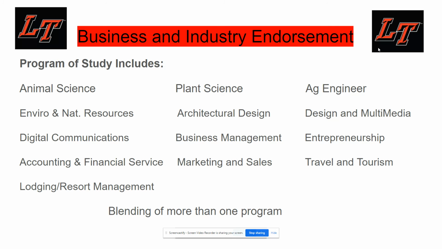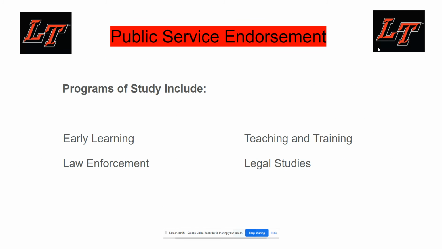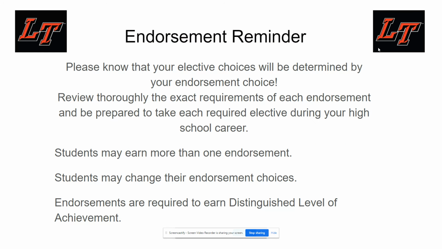Business management, animal science, resort and hotel management, they have all these different courses that are gonna tie into those specific programs of study. The next endorsement is your public service endorsement. This is teaching, law enforcement, law in general, public policy, those types of things.